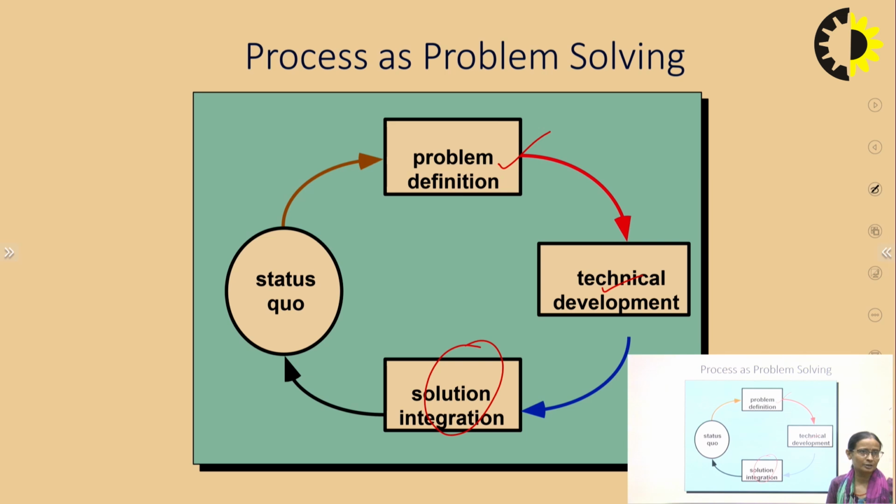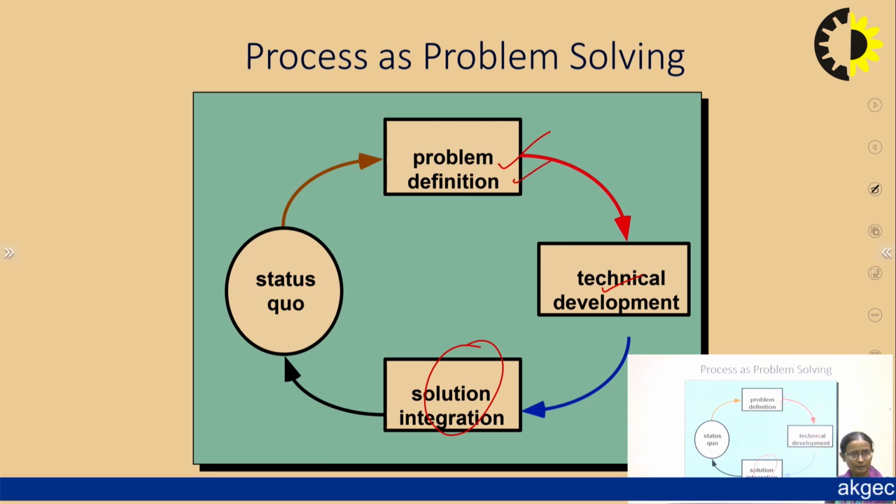Then comes the status quo, that is, you will check whether the solution you desired for this problem has been implemented correctly or not. If not, then again you refine this problem. So this is a simple process, but for a large project, such a process cannot be implemented.